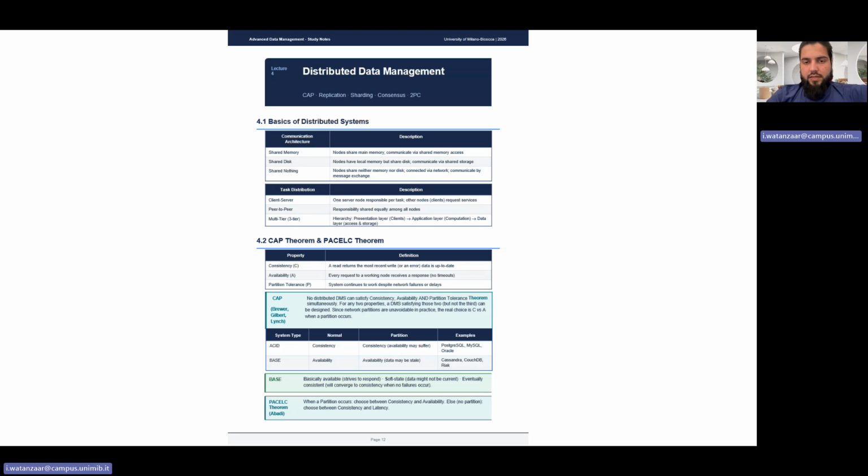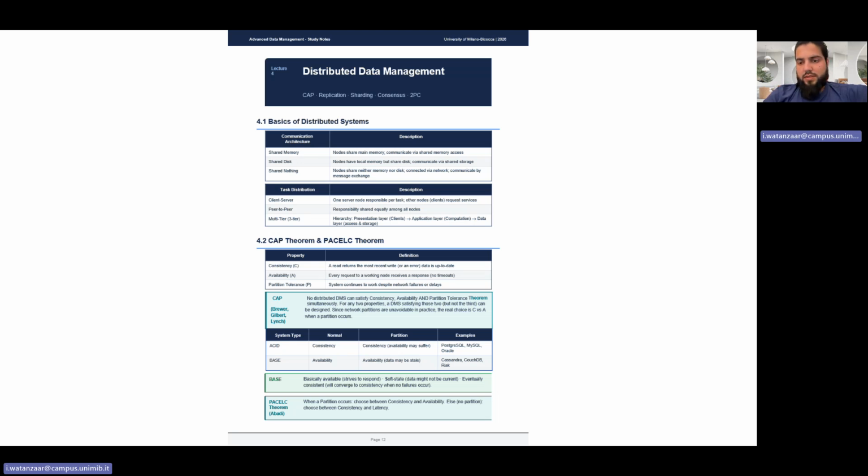The second one is peer-to-peer, which is also really famous: responsibilities are shared among all nodes. The third is multi-tier. In multi-tier, nodes share responsibility for the task, structured in a hierarchy, where nodes at a given level or tier are responsible for particular subtasks.